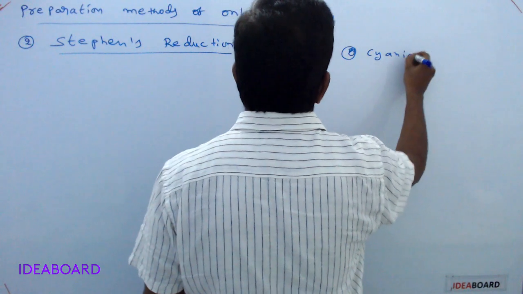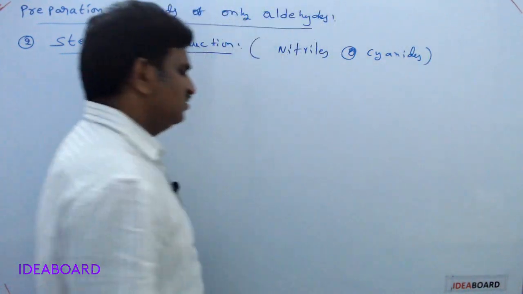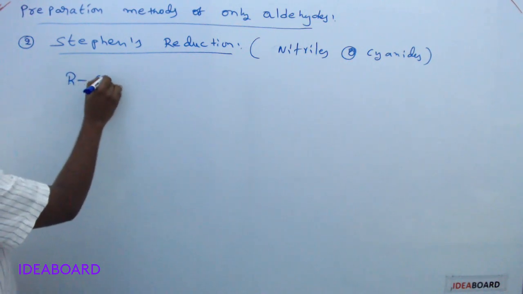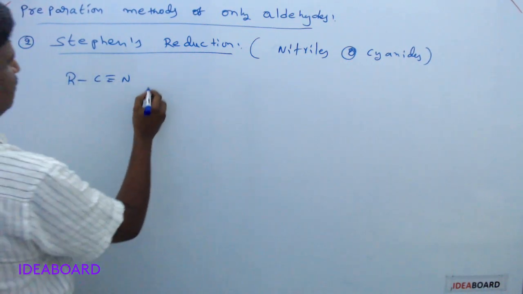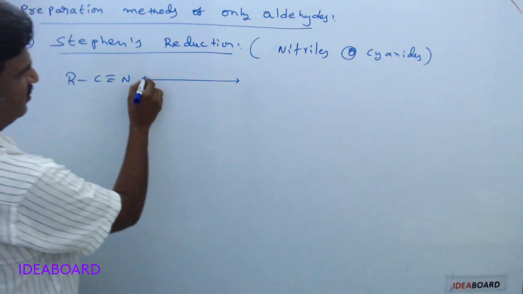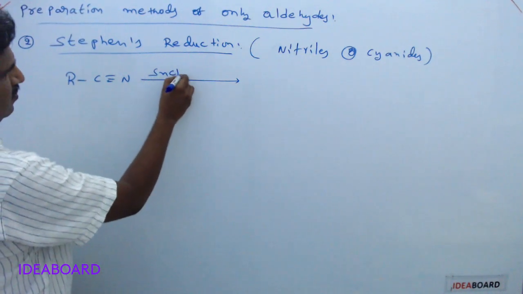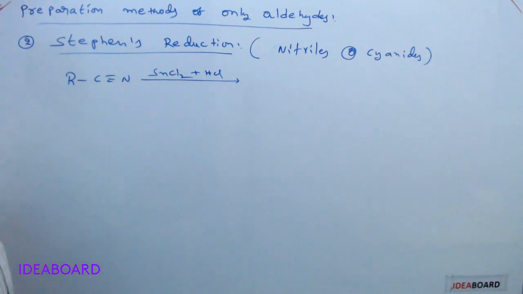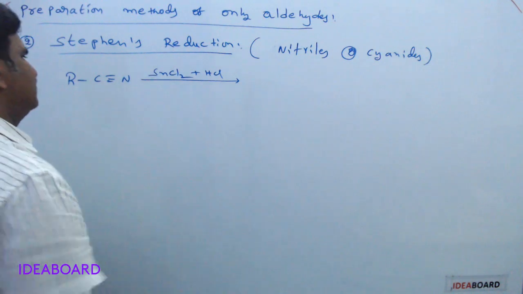Nitriles or cyanides undergo reduction to give aldehydes. For example, we take RC≡N. What is Stephen's reagent? SnCl2 and HCl, a stannous chloride and HCl mixture. This acts as Stephen's reagent.